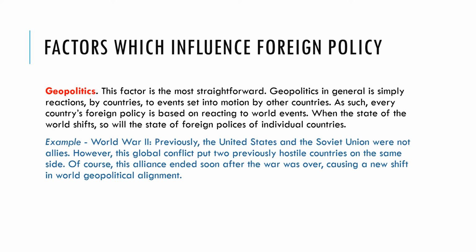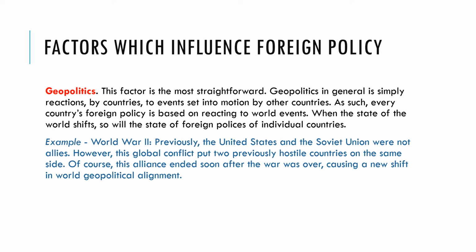So for example, World War II. Previously the United States and Soviet Union were not allies. However, this global conflict put two previously hostile countries, who were sharing different ideologies, on the same side.